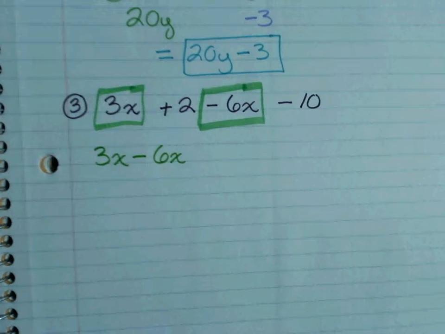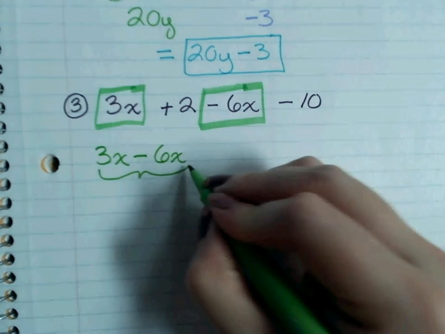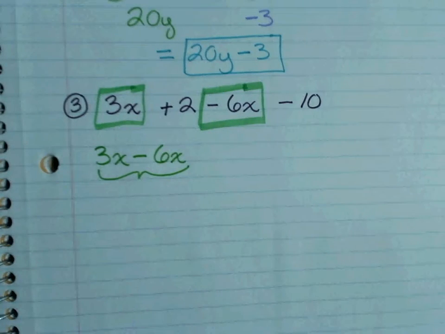What is 3x minus 6x going to give us? Layla? Try. Three minus 6. A small number minus a large number.